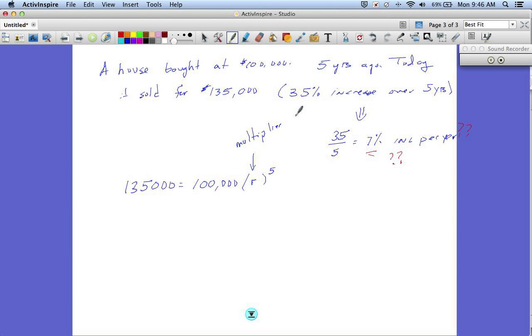Okay, this is the percentage of the house percentage that was either increased or decreased. It's added on to the 100% that was already there. So let's go through and do this math here real quick. This becomes 1.35 equals r to the 5th. And now r equals the 5th root of 1.35.